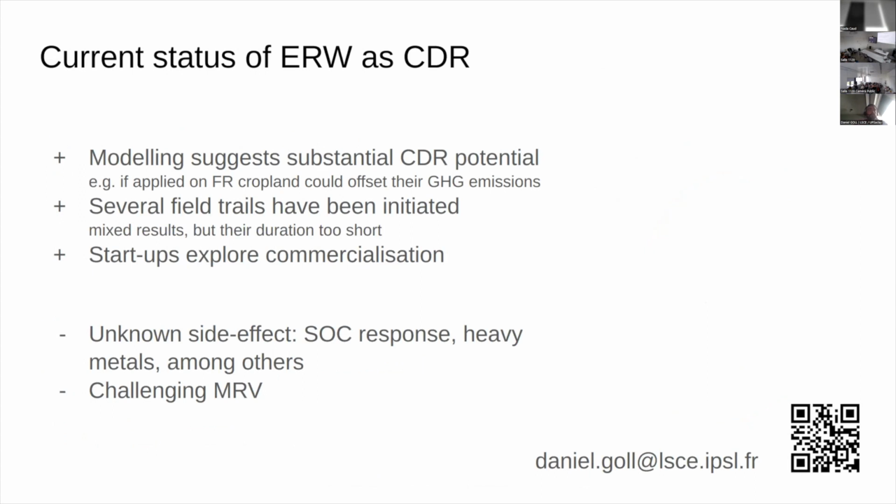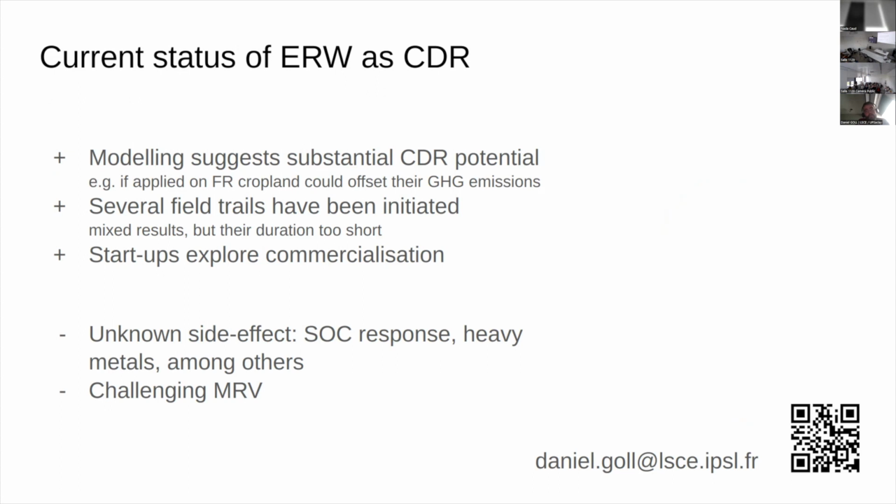And the current state of enhanced weathering is that it has not reached a commercial technological readiness level. Mostly modeling studies suggest that there's a substantial CDR potential. For example, France could offset all greenhouse gas emissions from croplands if they would apply a substantial amount of basalt on all French croplands. So it can really make a difference. At the moment, several field trials have been initiated because we don't have yet field proof that this actually works well.